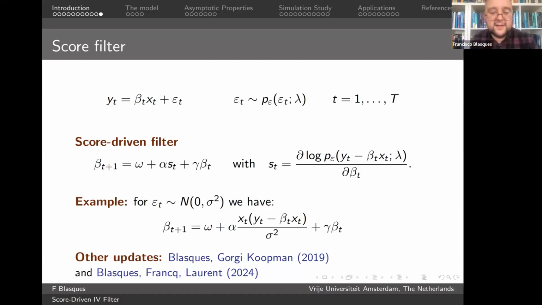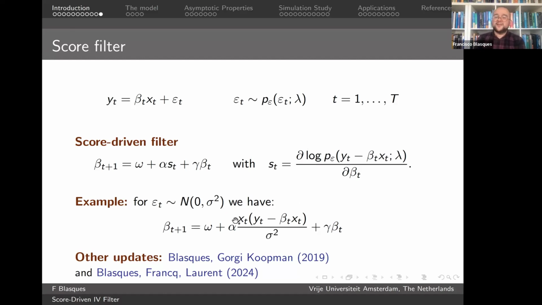That's essentially it. So, for example, for a Gaussian density, the update of beta will look something like this, right? So this is the derivative of the log likelihood contribution with respect to beta. And other papers have proposed other updates of the score type for time varying betas, either because they're considering, for example, other densities other than the Gaussian, right?